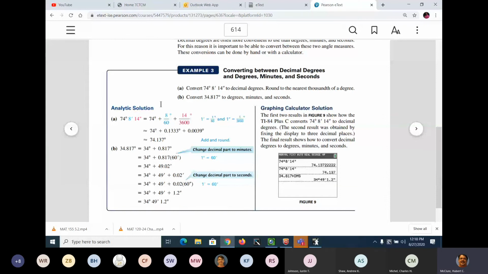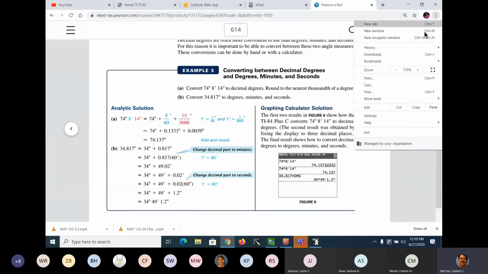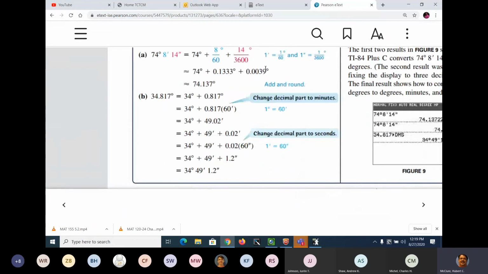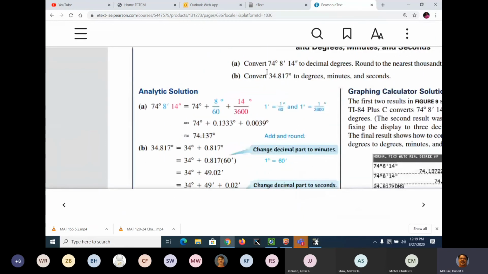Then you add those two together and put a decimal here, and that's it. I'm not going to write that down for you because I think it's pretty self-explanatory.